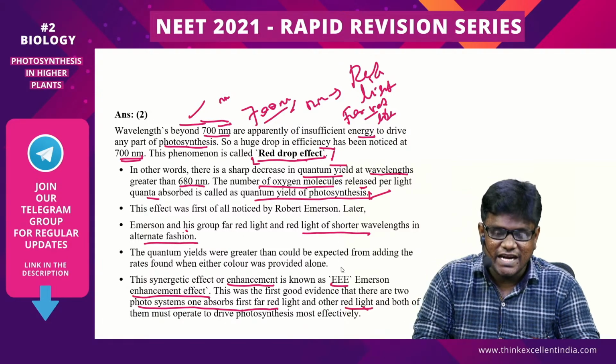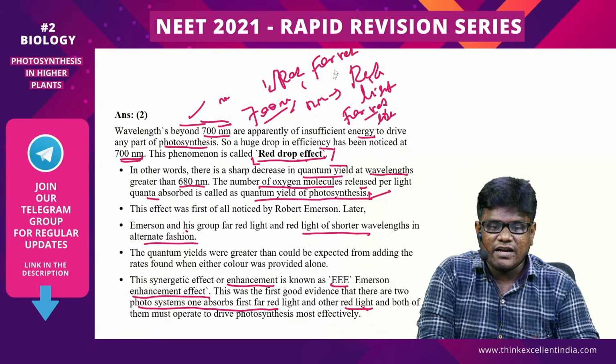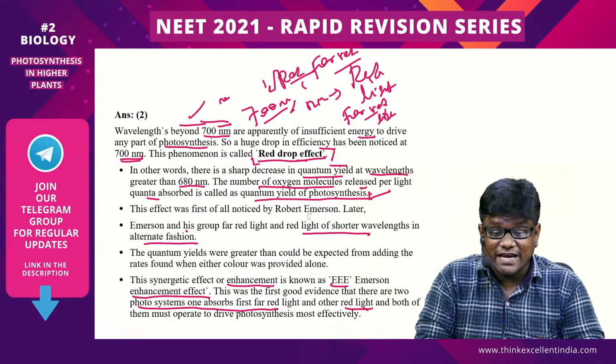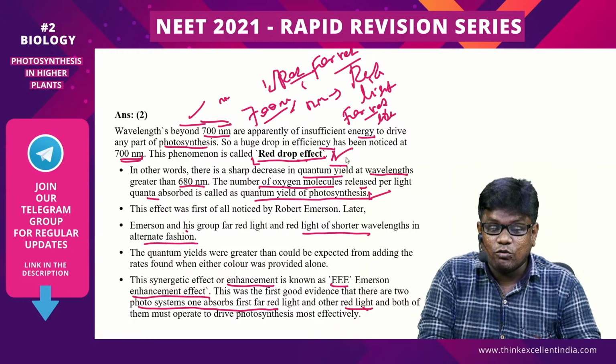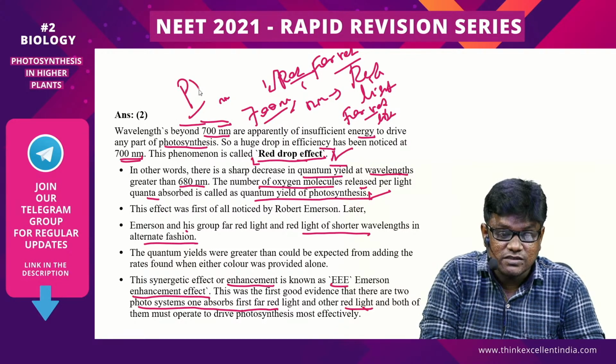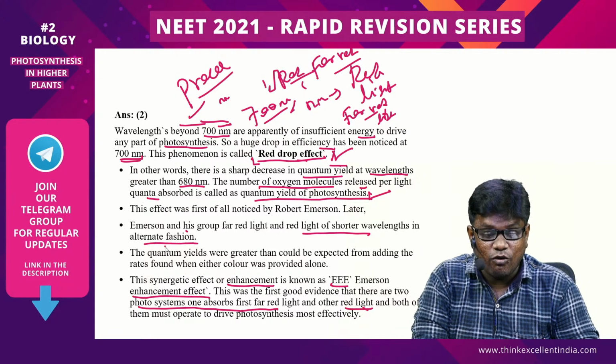So from that it will be concluded: red light and far red light, two different types of lights. Okay, and two different types of functions take over in one process. That is photosynthesis. So the quantum yields are nothing.